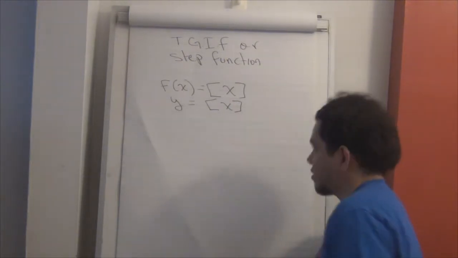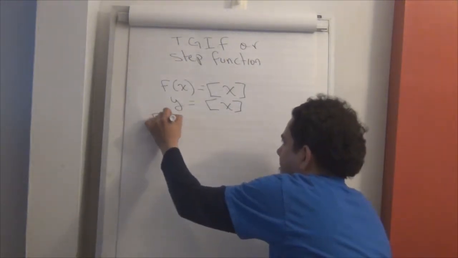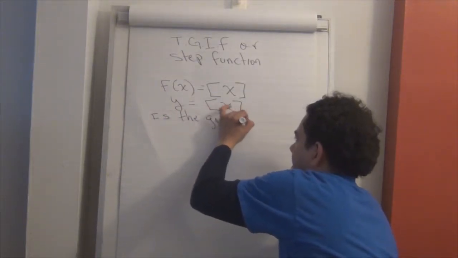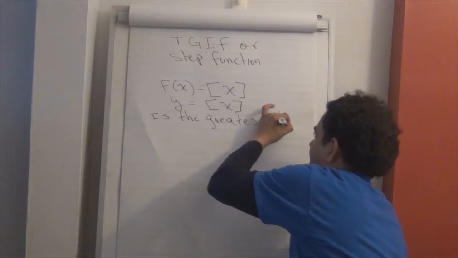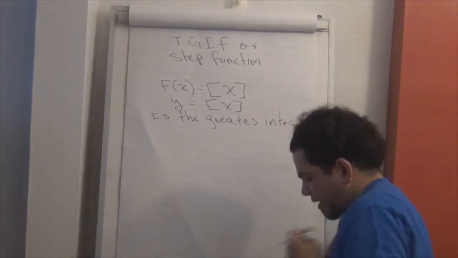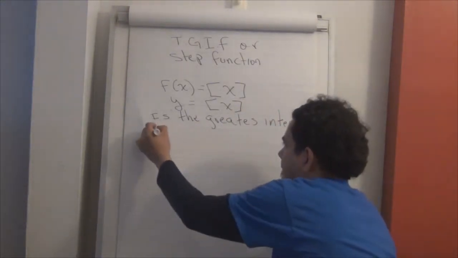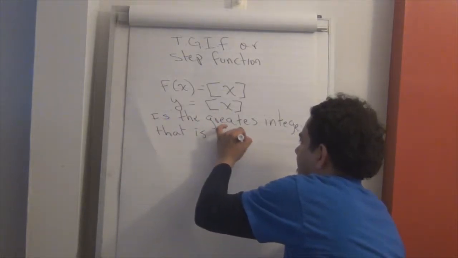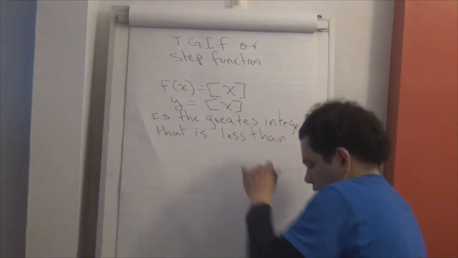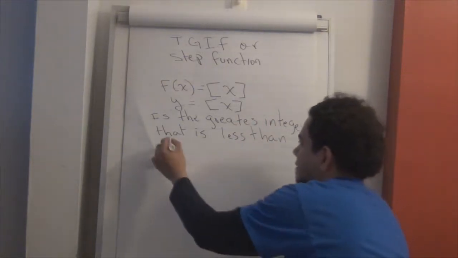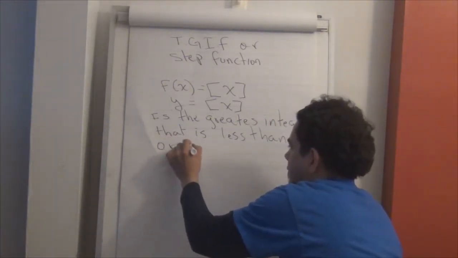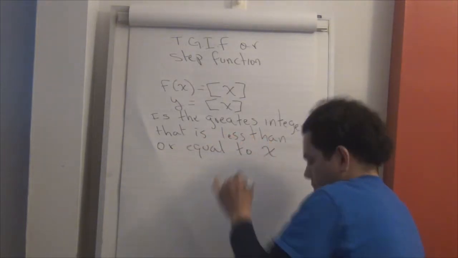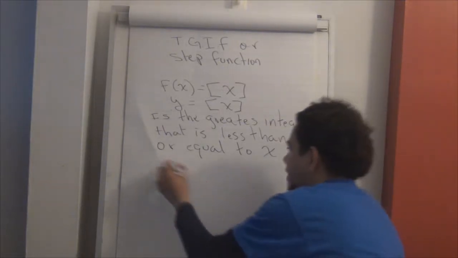Well, it's the greatest integer that is less than or equal to x. Okay? So let's create a table of values.